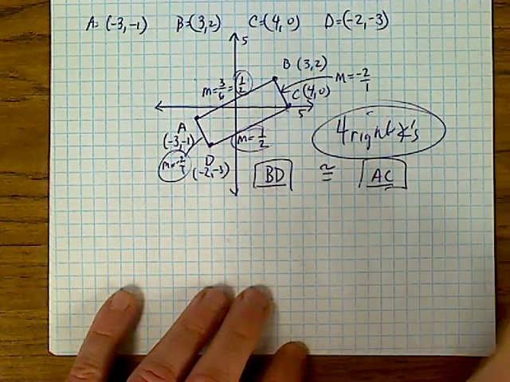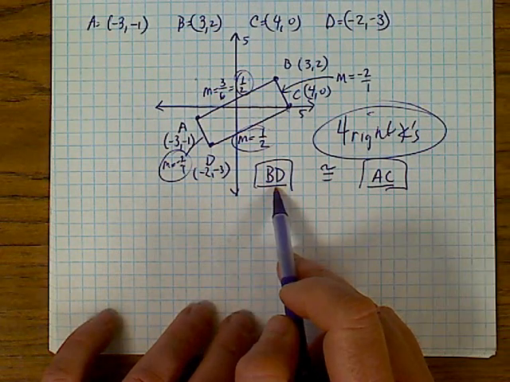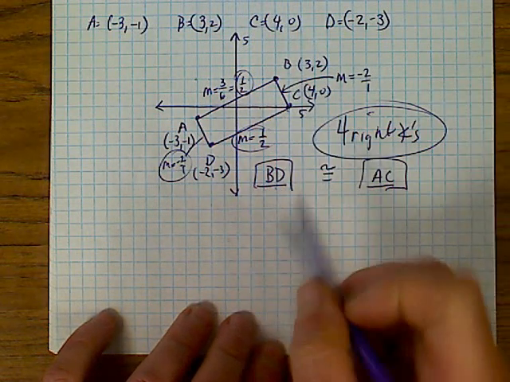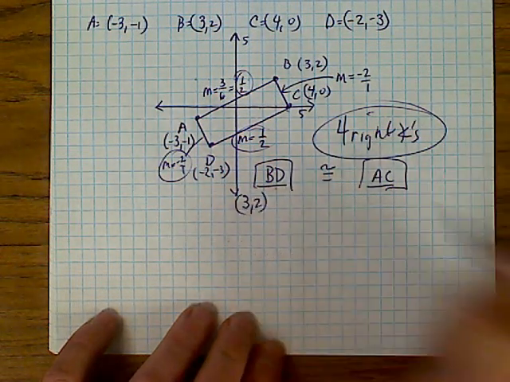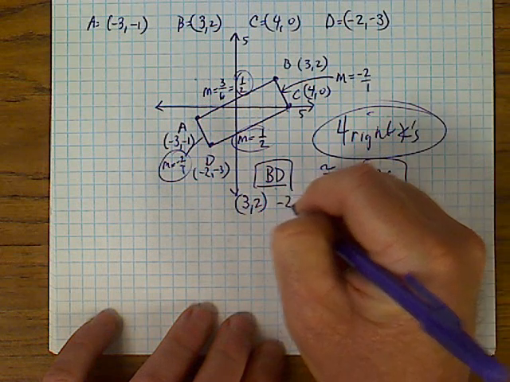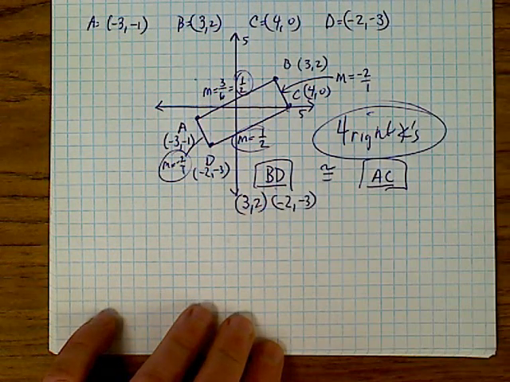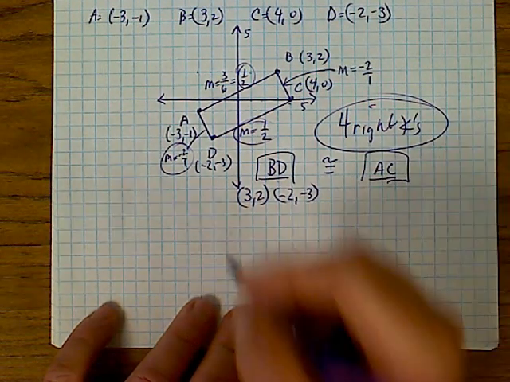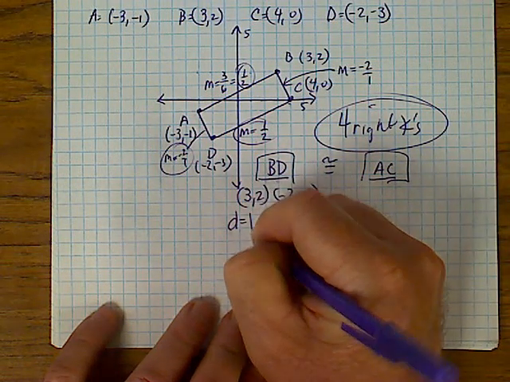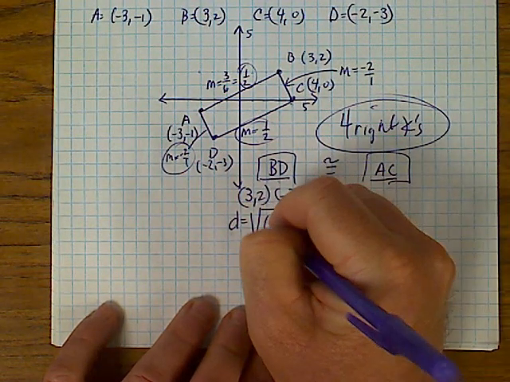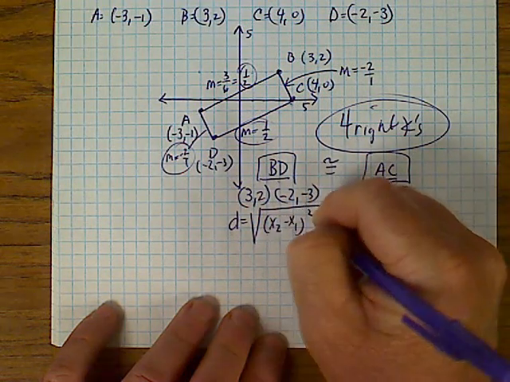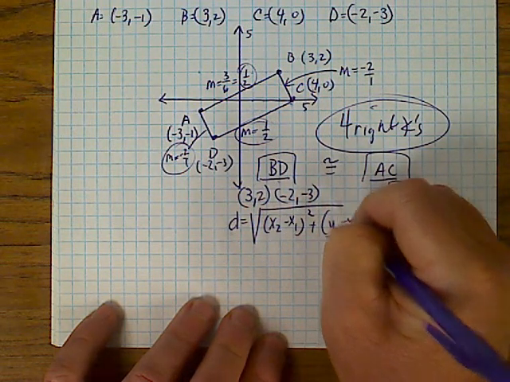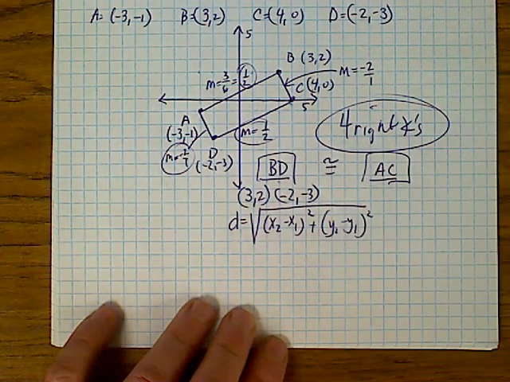All right, so this is where, again, writing down the points is helpful. What is point B? Point B is 3, 2. What is point D? Negative 2, negative 3. Okay, let's now check with the distance formula. It's the big square root of x2 minus x1 squared plus y2 minus y1 squared.